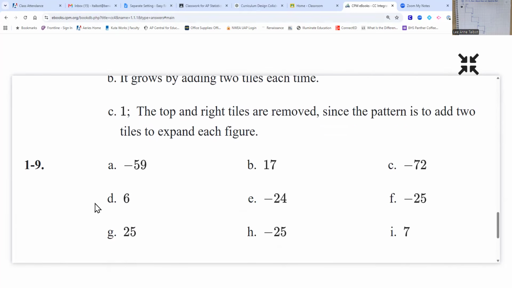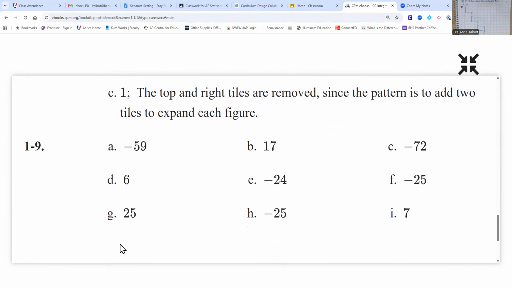Okay, now go ahead and check all 9 of these because there were some people who had questions on this yesterday.